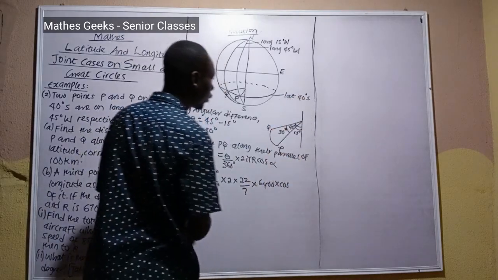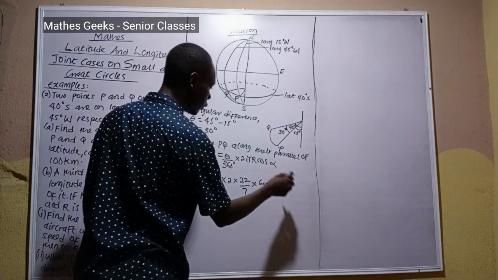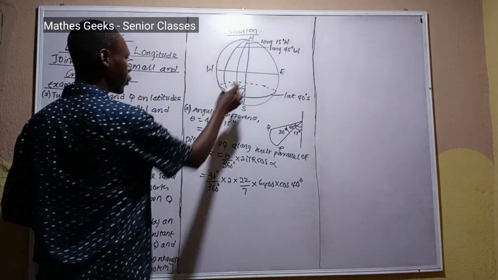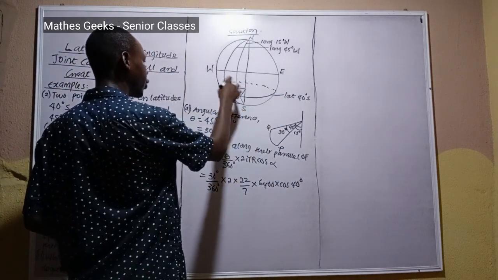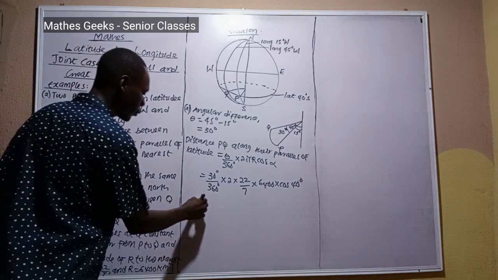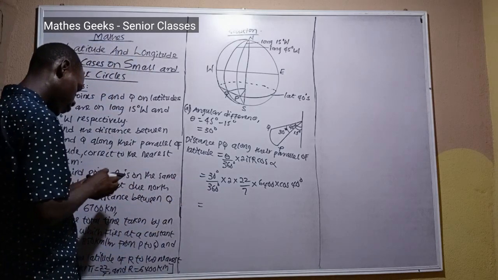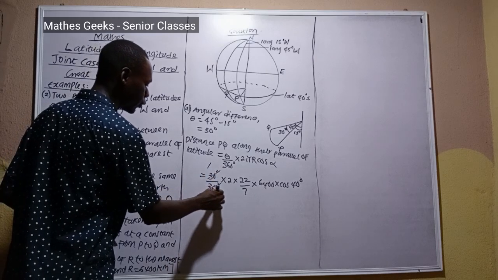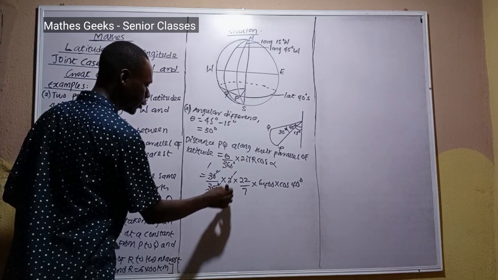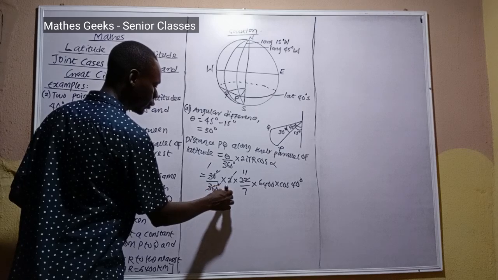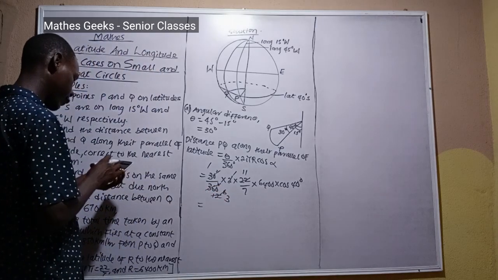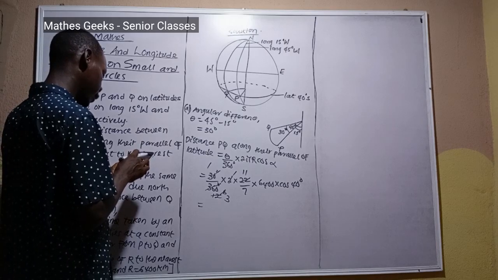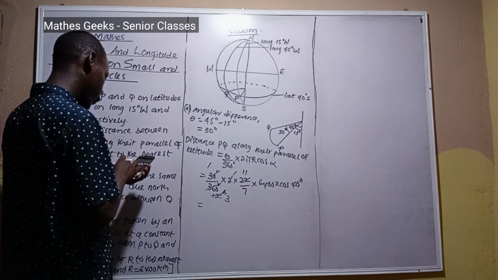Alpha is the common line of latitude, cos 40 degrees. The line of latitude is the line on which the 2 points are aligned. So 30 over 360 times 2 times 22/7 times 6,400 times cos 40.